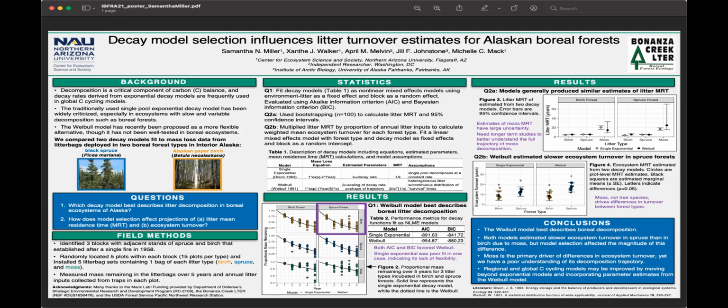Incorporating parameter estimates from the Weibull model may be able to improve regional and global carbon cycling models by more accurately representing litter decomposition. And with that, I'd be happy to answer any questions if we have time.